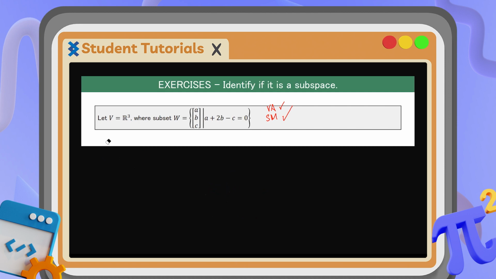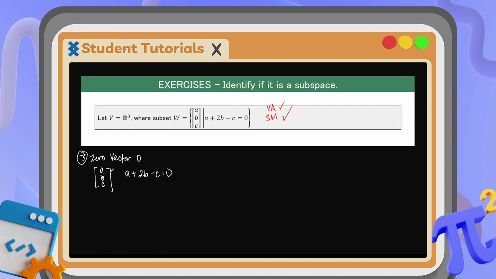So, to check whether the zero vector exists, one thing you can do is actually to look at the properties of the given subset. So given a vector ABC, we can say that a plus 2b minus c is equal to 0 based on the property defined.